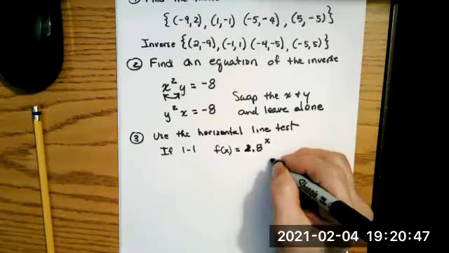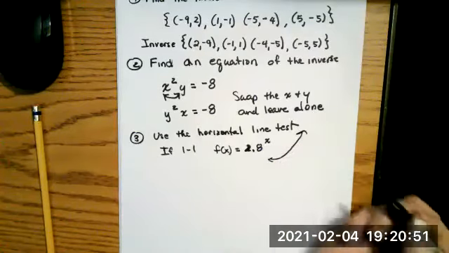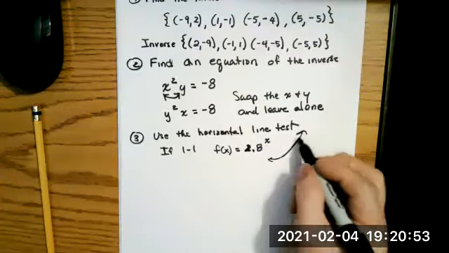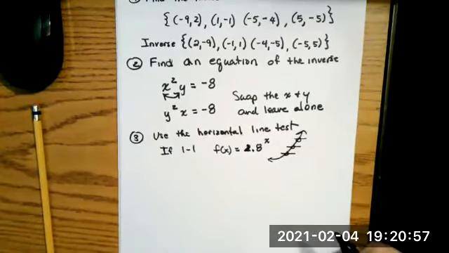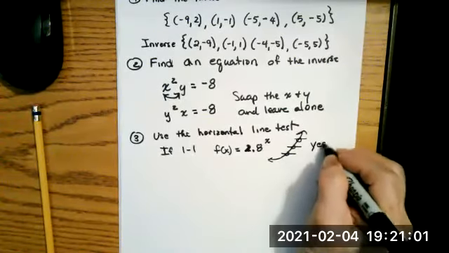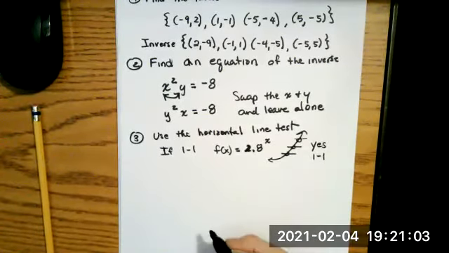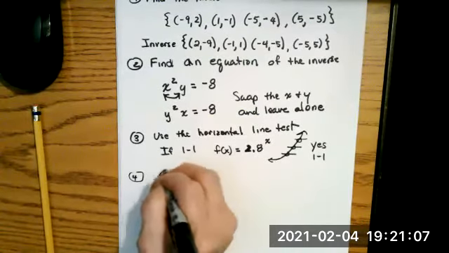So an exponential function looks like this, and they already have the picture for you. You don't have to worry about the picture. You just have to worry about drawing little horizontal lines in your mind to see if it's 1-to-1, and it's yes. It is 1-to-1.